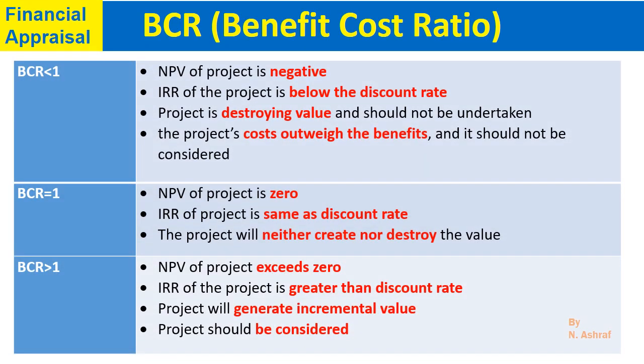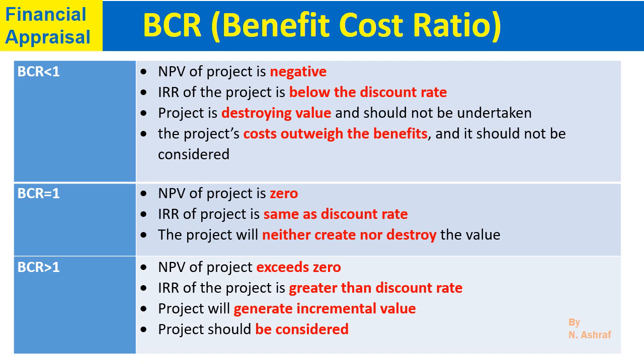Now, the BCR value may be less than 1, equal to 1, or greater than 1. In case the calculated BCR value comes less than 1, it means the net present value of our project or investment is negative.